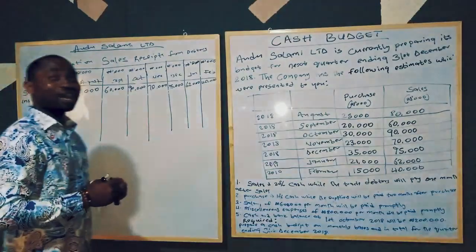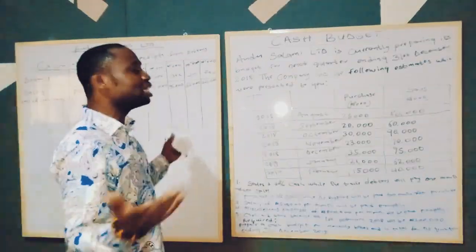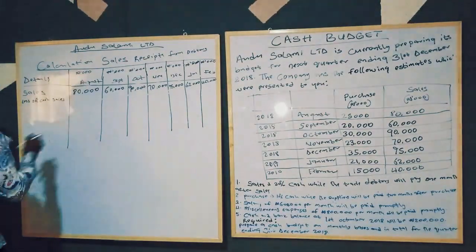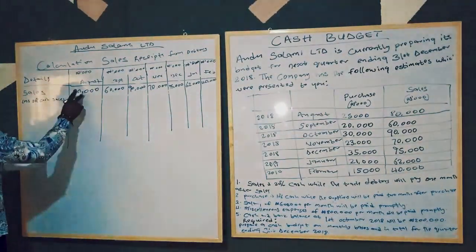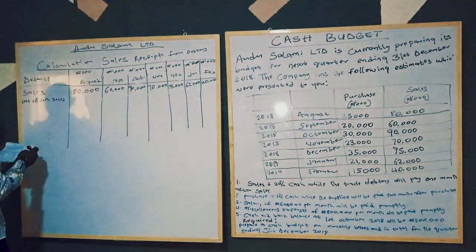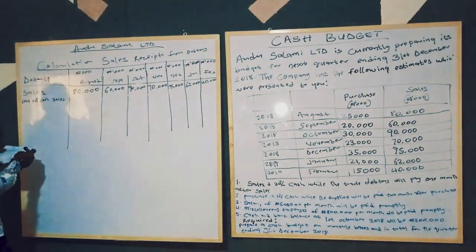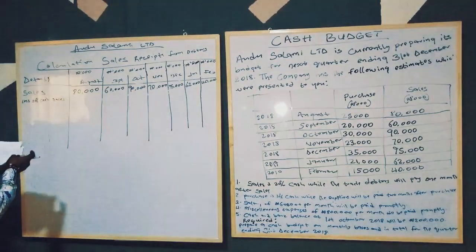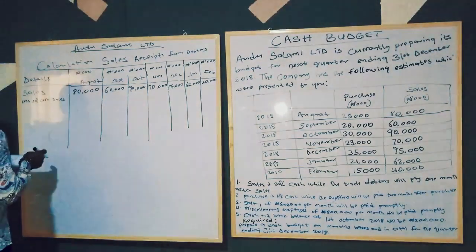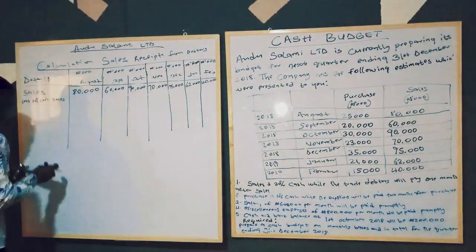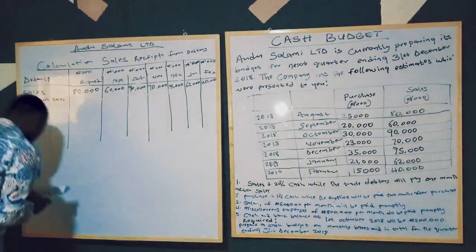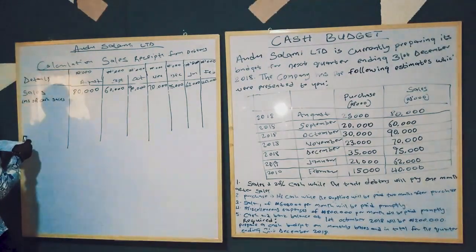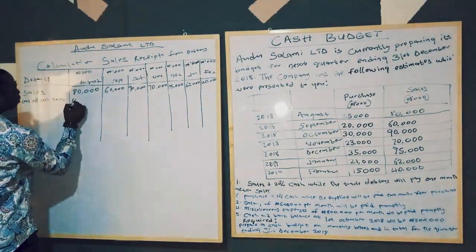When we less the 20% cash sales, then the remaining 80% is going to be credit sales, right? 20% of this 80,000 will be 16,000.